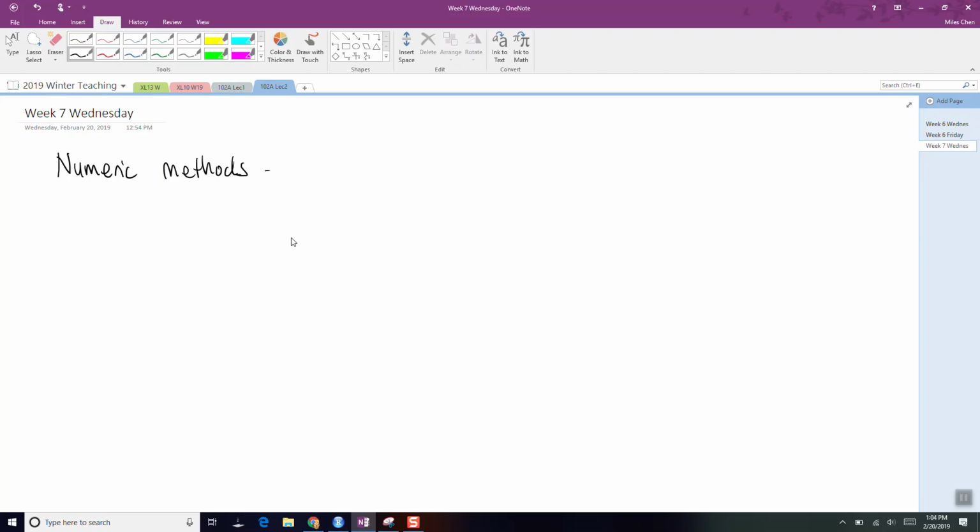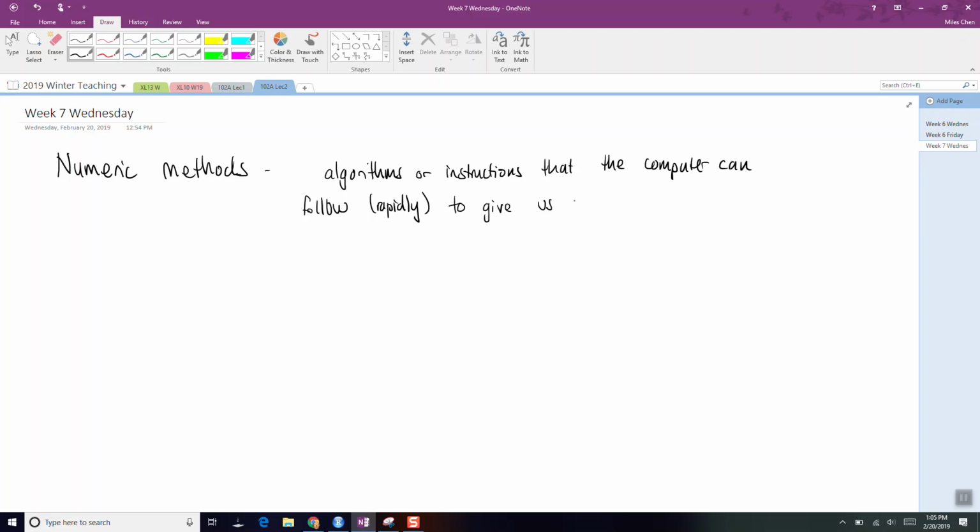So numeric methods are algorithms or instructions that the computer can follow rapidly to give us good estimates of values.